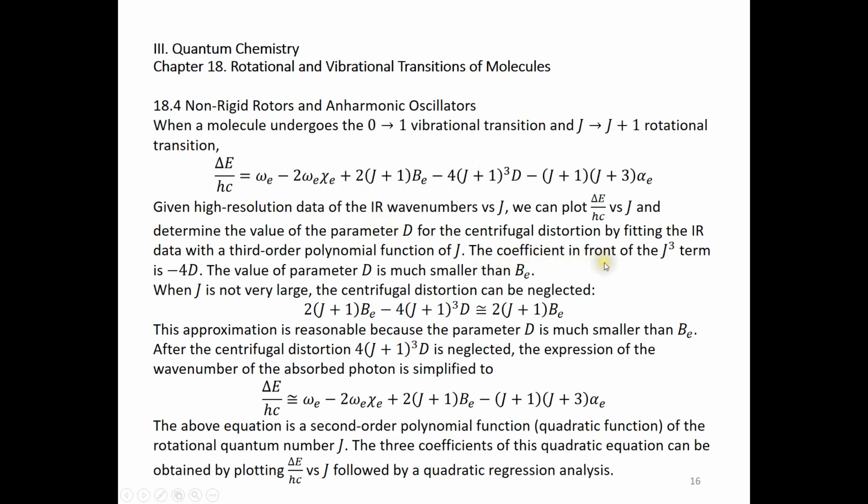The coefficient in front of the J cubed term is negative 4D. You can see from here it's negative 4D times J to the power of 3.